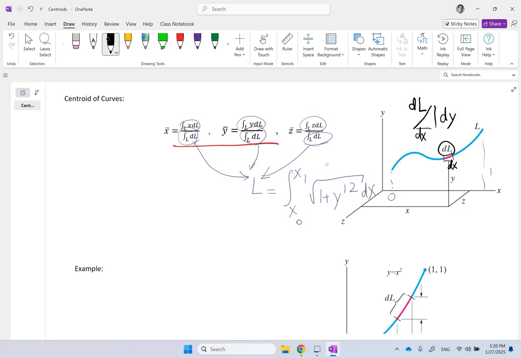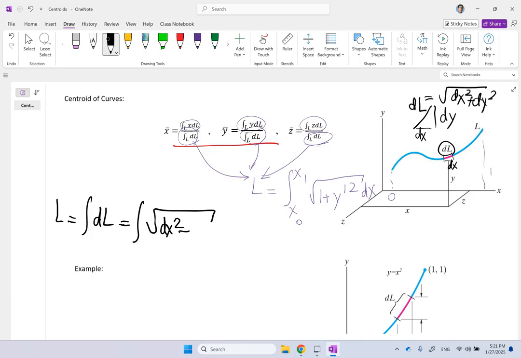There is no dz. So what is dl? Clearly, dl is the square root of dx squared plus dy squared, right? Pythagorean theorem. So L, which is the integral of dl, is going to be the integral of the square root of dx squared plus dy squared.